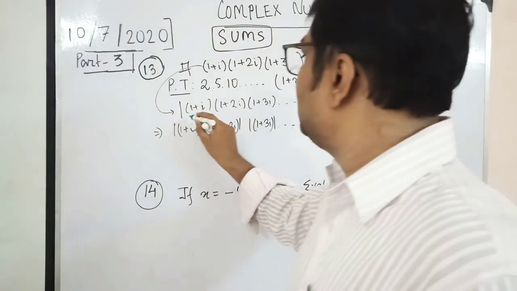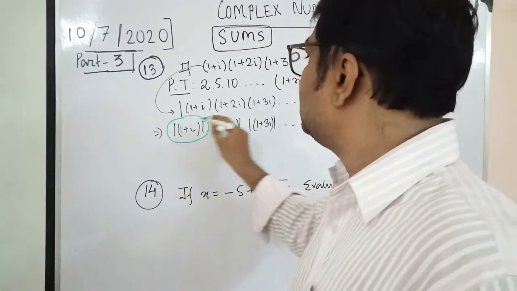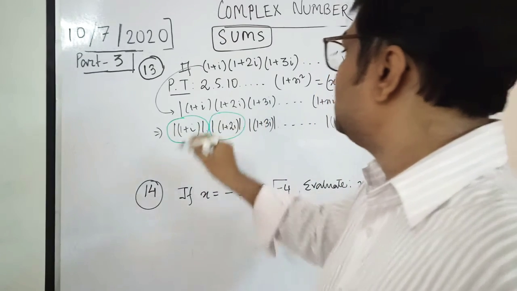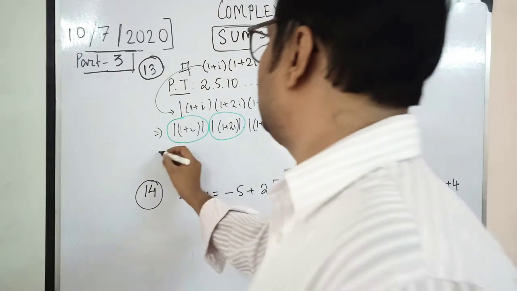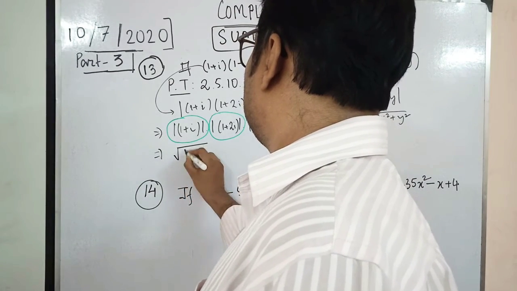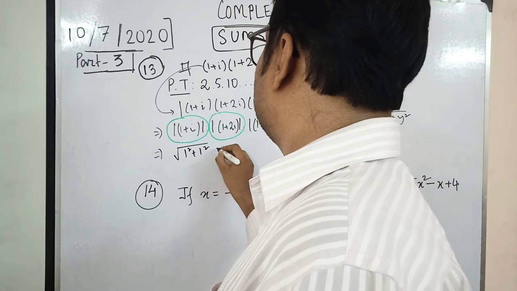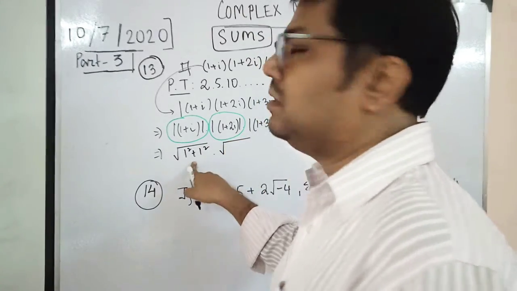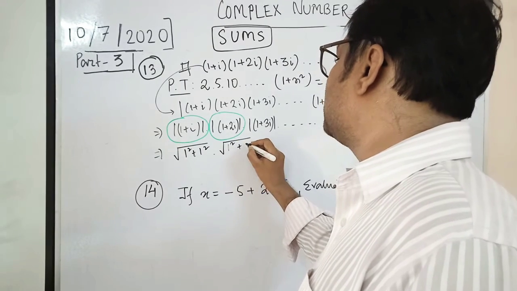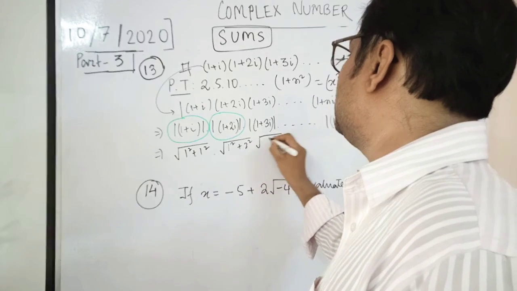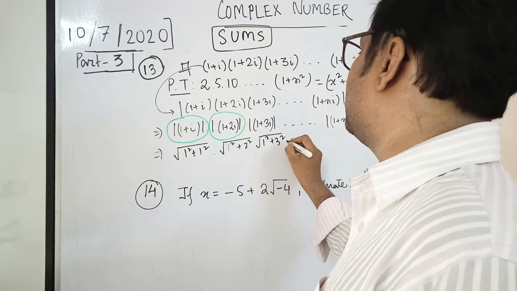Resolve them using the mod formula that we know: root over 1 square plus 1 square, which is root 2. Now this is 1 square plus 2 square. Now this is 1 square plus 3 square.